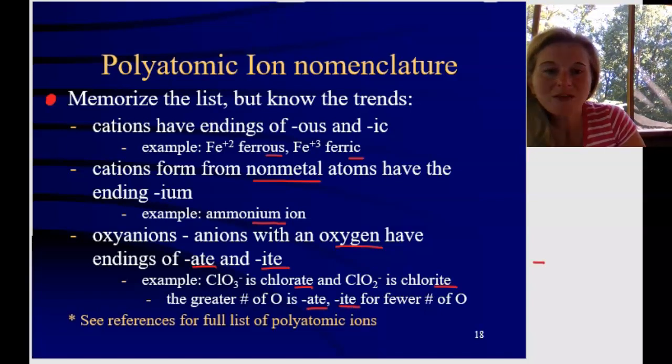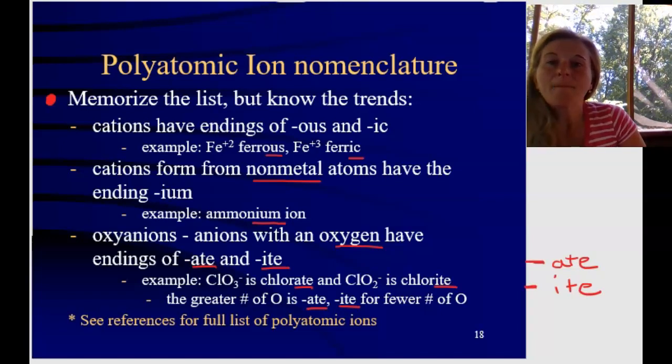So you can kind of think of it as a hierarchy, right? Ate and ite. There's a very nice chart in Unit 2 of Brown-LeMay, and if you don't have the textbook yet, that's okay. You can Google these ending charts and find them. I will also try to post that to the website.